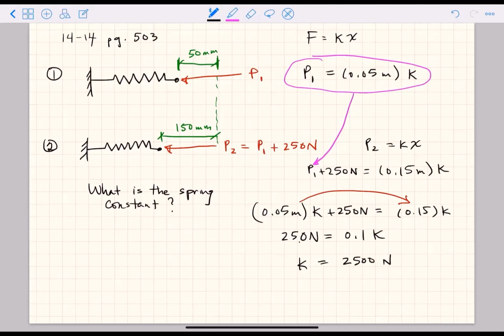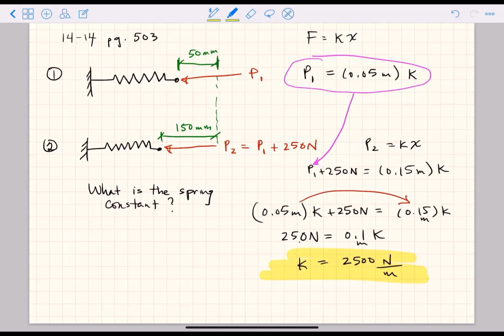And that 0.1, I forgot to show it here and here, that's meters, so it's newtons per meter. There we go. Whoops. I want that to be my highlighter. Okay.